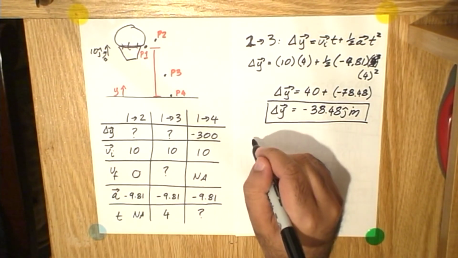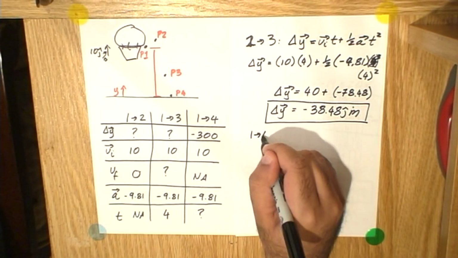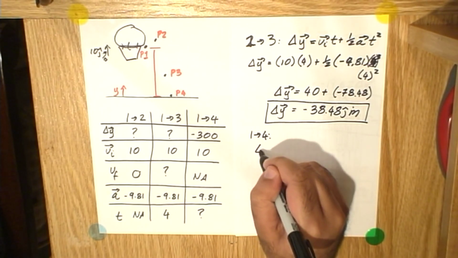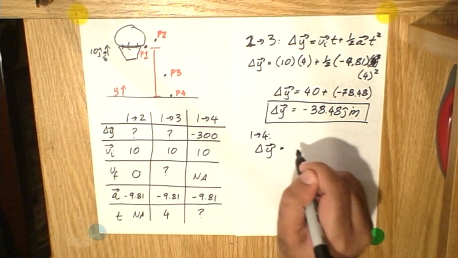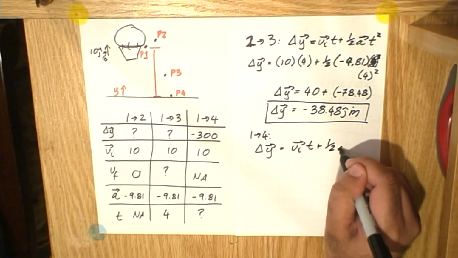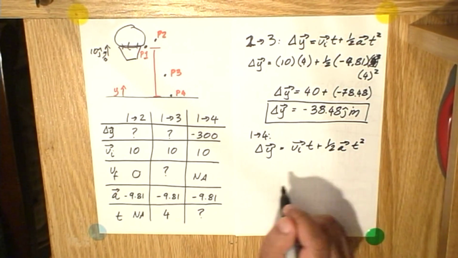And finally, to find the time from 1 to 4. The way that we would do that is delta y is equal to v initial times t plus 1/2 a t squared.